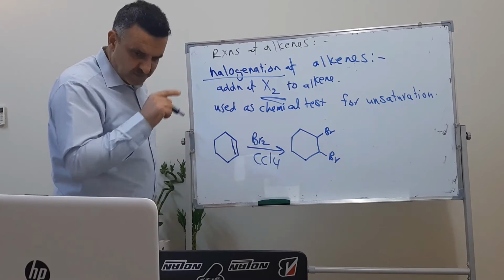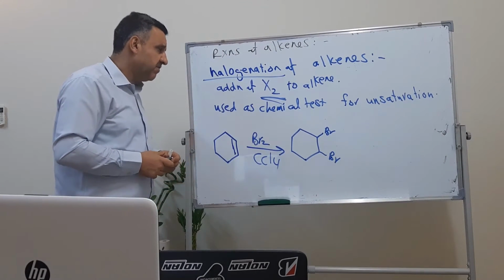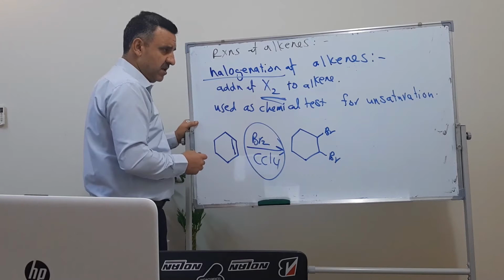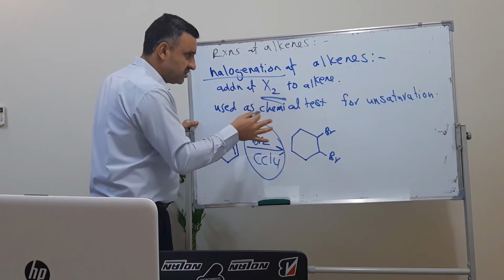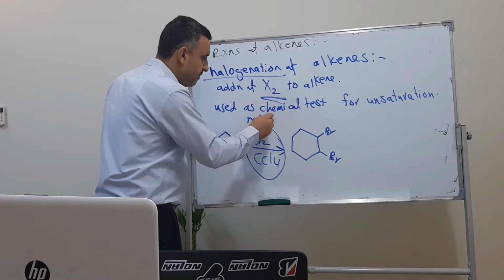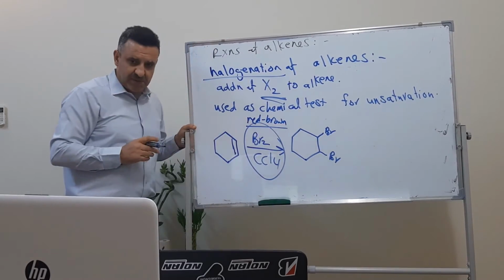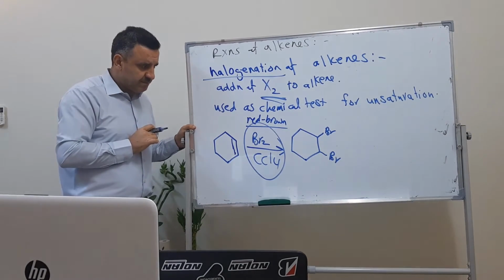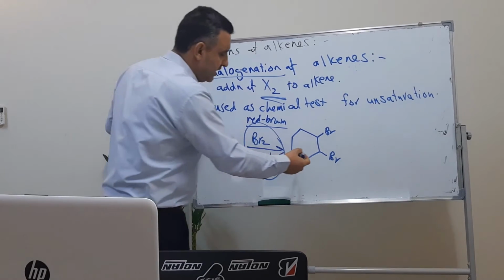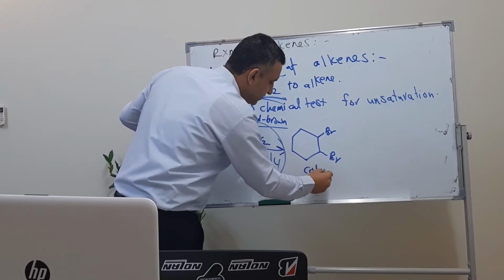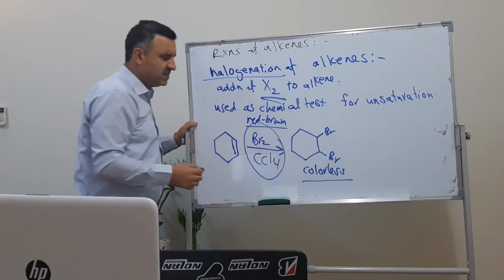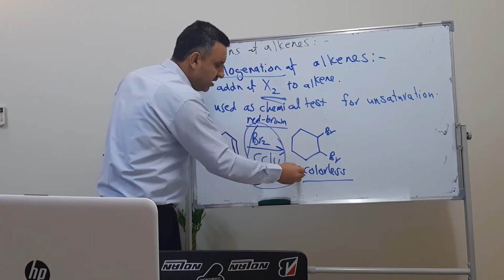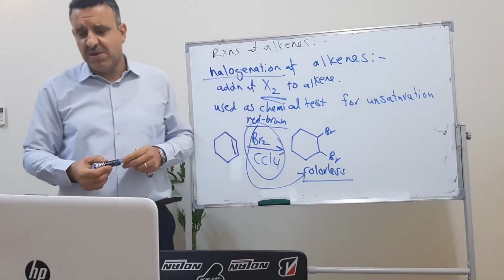Now, why is this reaction very famous? Because the color of the halogen, the bromine, is some degree of red to brown. It's a very clear, very characteristic, very distinct color. When the reaction takes place, the product is colorless, which means if the reaction proceeded, the red to brown color will be converted into colorless.